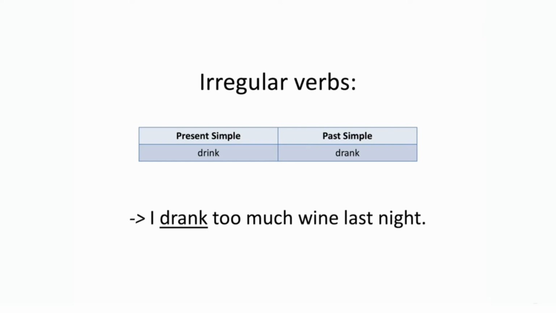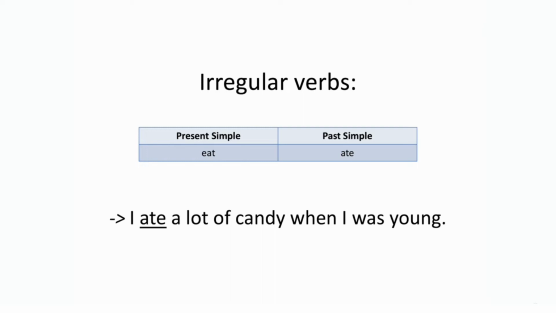Now let's take a look at some common irregular verbs used in the past tense. Drink, drank. I drank too much wine last night. Eat, ate. I ate a lot of candy when I was young.